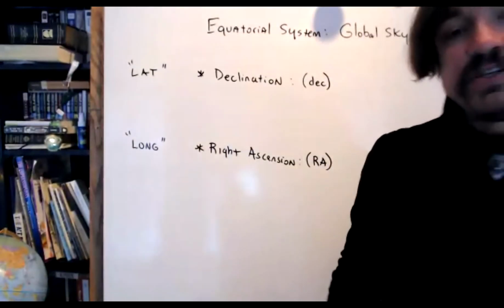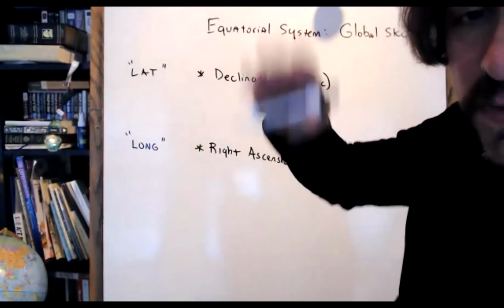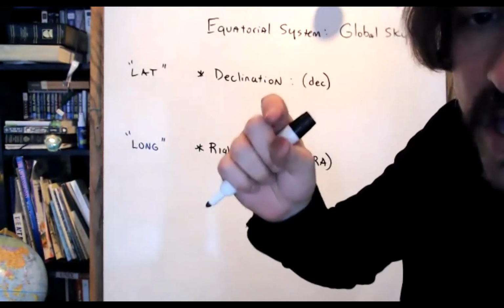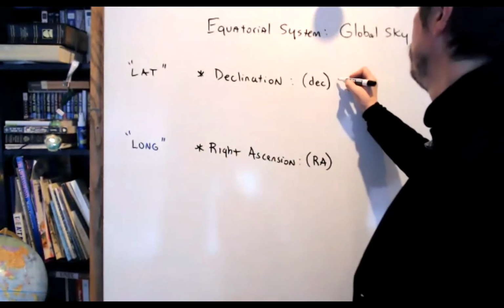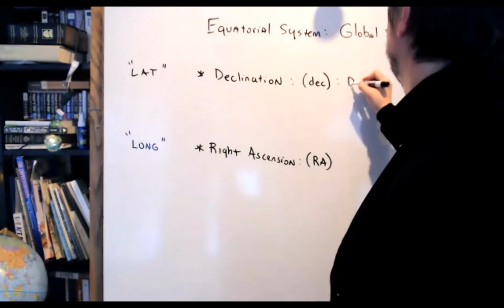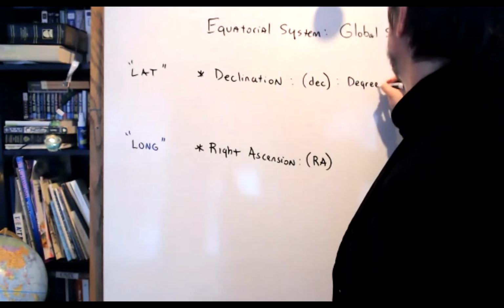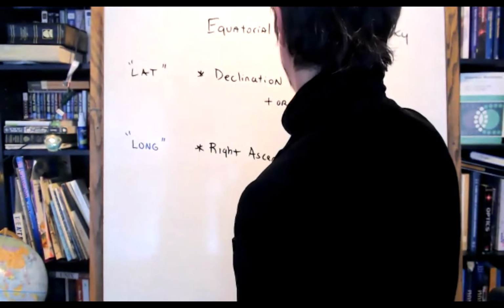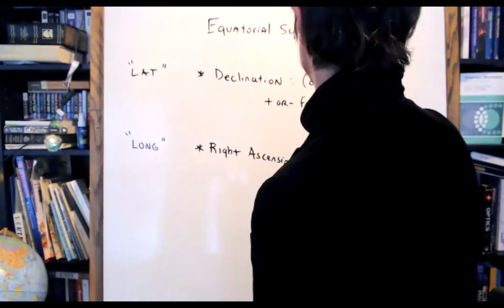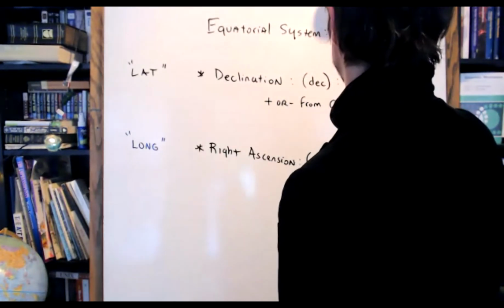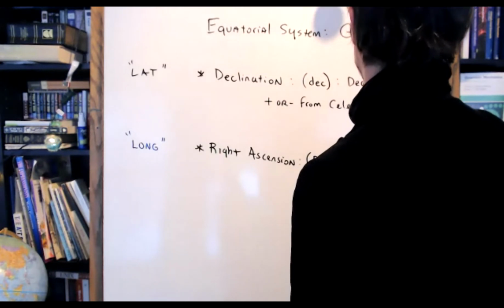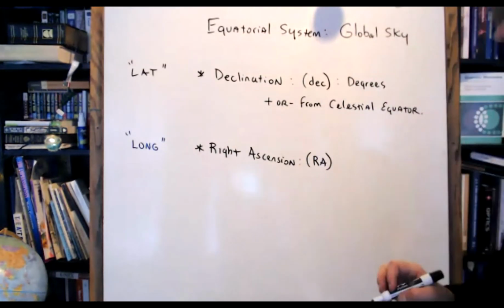Okay, so latitude was defined as degrees north or south from the equator. Declination is similar, but it uses positive and negative. The definition is the degrees of a star measured positive or negative from the celestial equator.